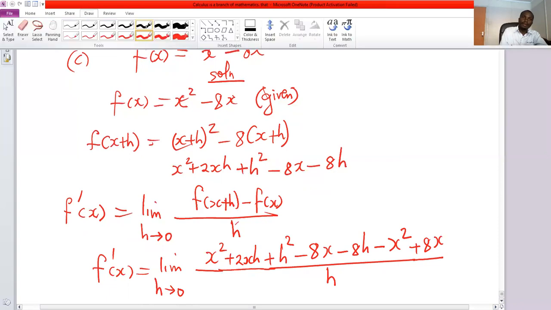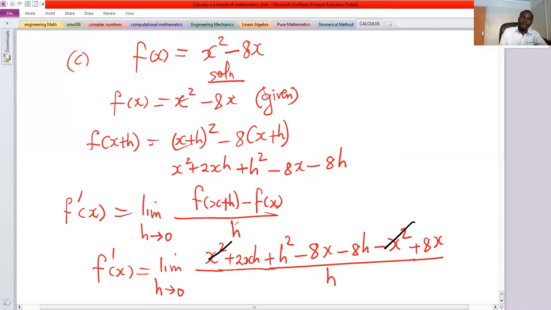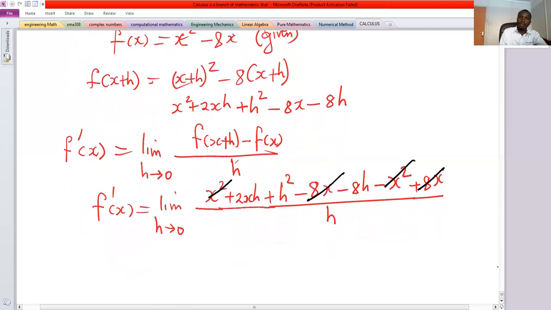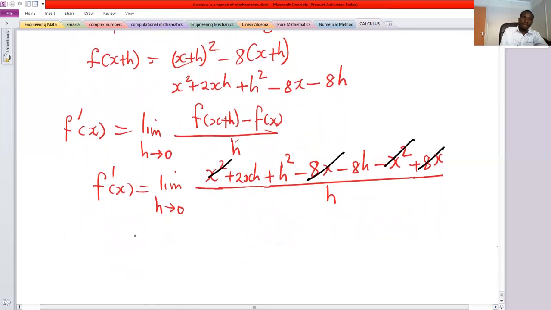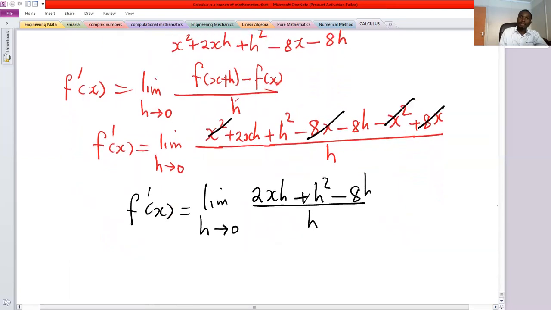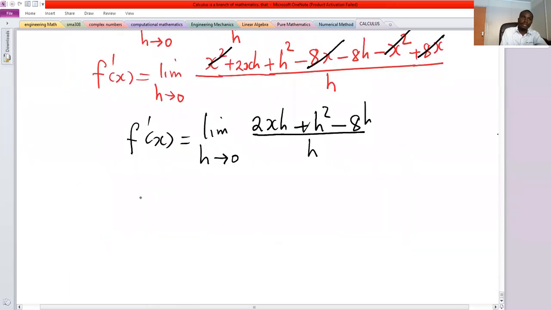Now x squared and minus x squared cancel, minus 8x plus 8x cancels out. So we remain with f prime of x equals the limit as h approaches 0 of 2xh plus h squared minus 8h divided by h. And because in the numerator every term has an h, we'll factor it out.